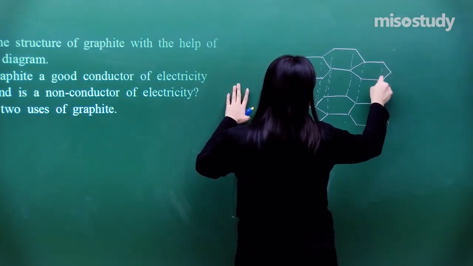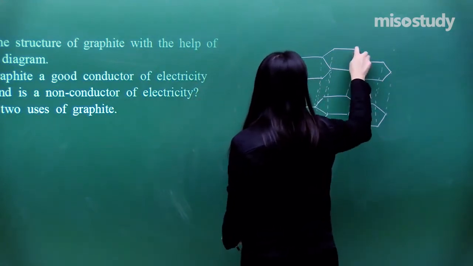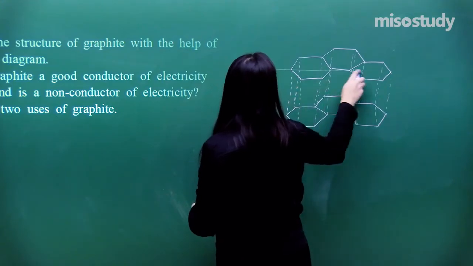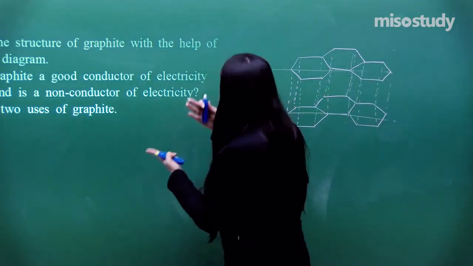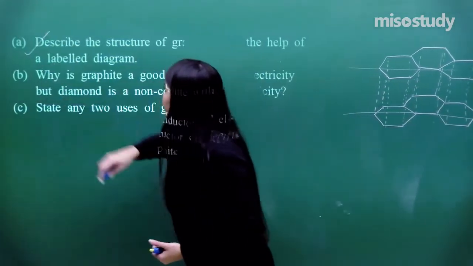So this is layer 1 and this is layer 2, stacked onto one another. So A part done.